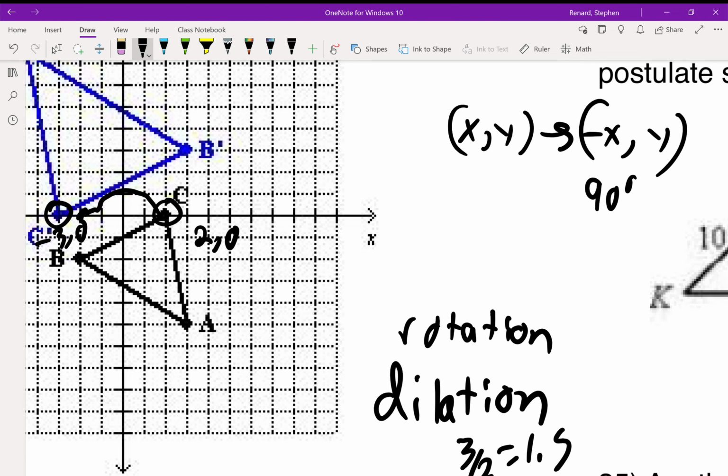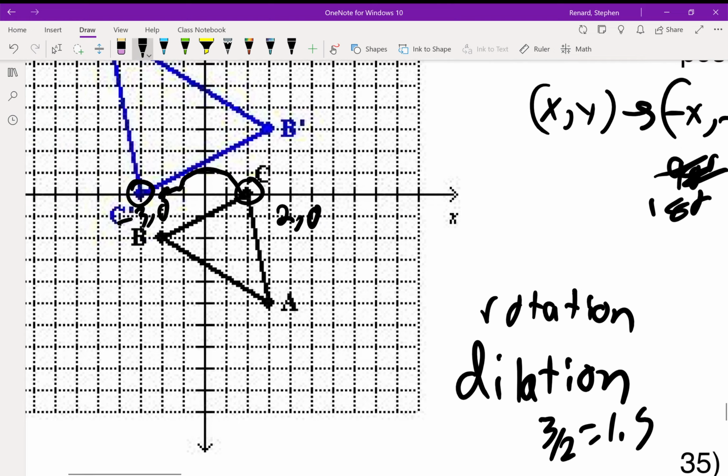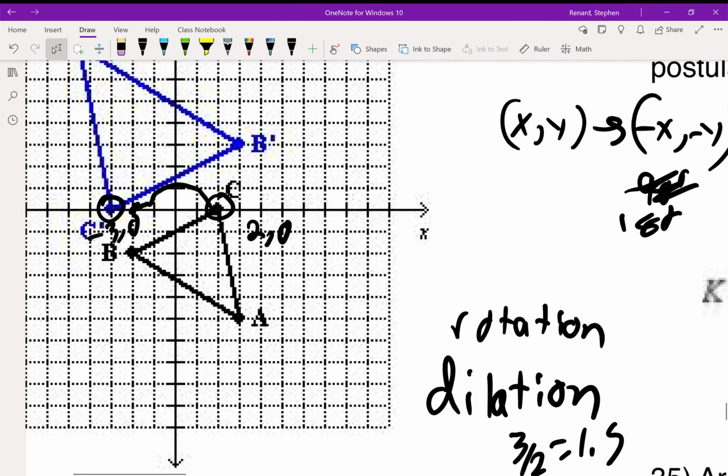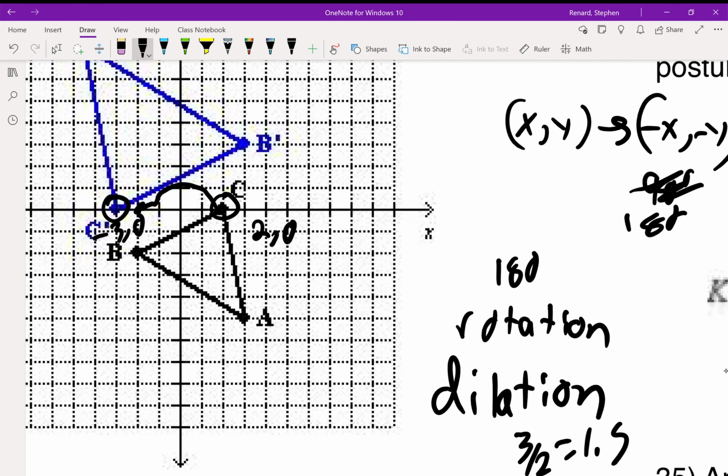No, it's not. It's a 180-degree rotation. It's (-x, -y) is what it would be. So a 180-degree rotation followed by a dilation of 1.5.